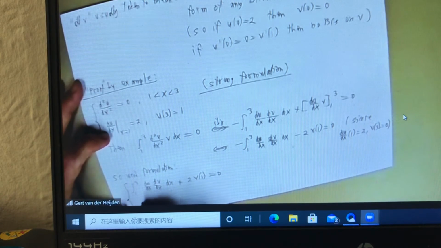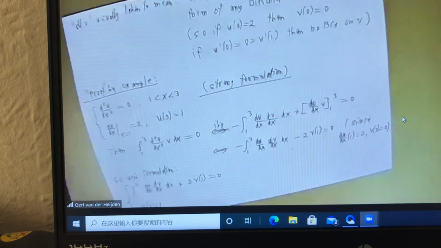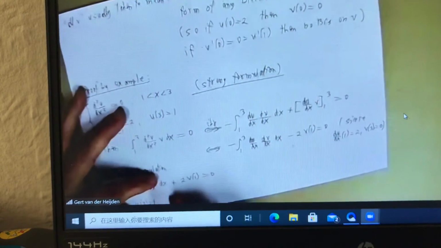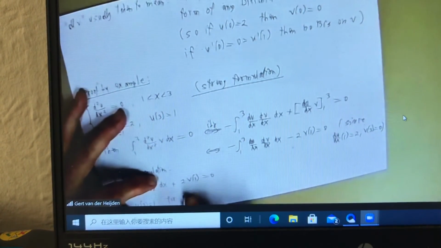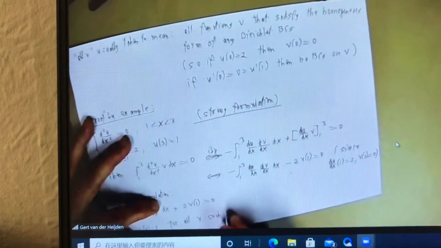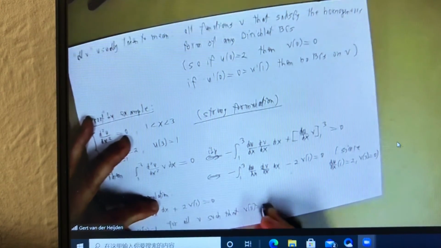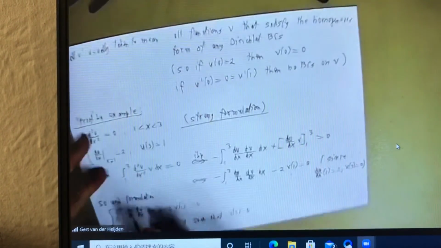I can just write here u(3) equals 1, the Dirichlet boundary condition that we haven't used yet, and this then must hold for all v such that v(3) equals 0. Okay, so that's the weak formulation.